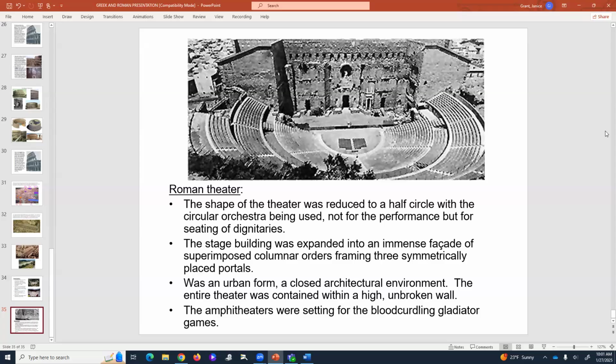The shape of the theater was reduced to a half circle with these huge, massive stage backdrops, which closed the architecture off from the environment. And they were used for fight to the end, not as civil as the Greek architecture.